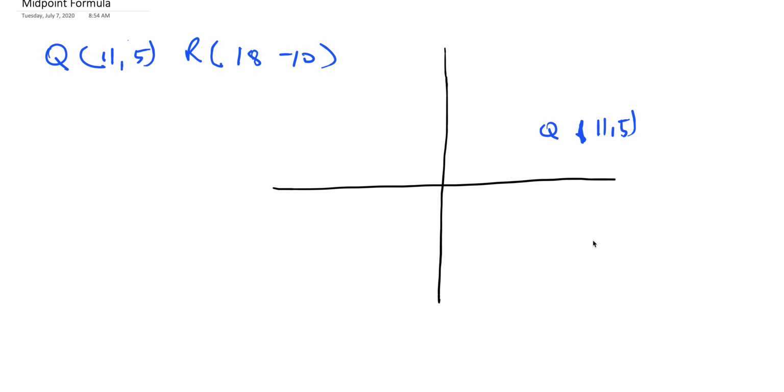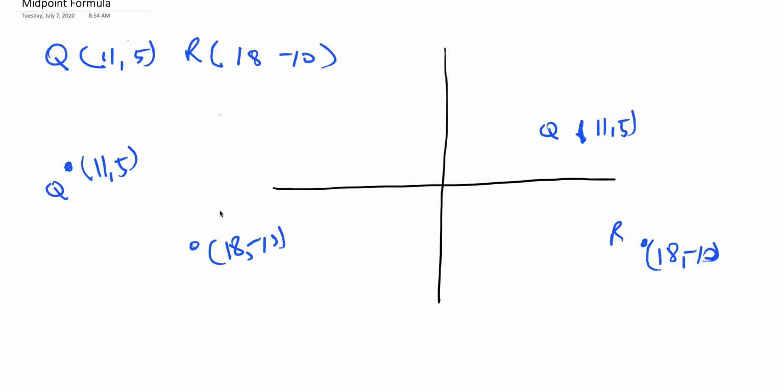So there, R, 18, negative 10. If I was taking a test, I would literally just go, you probably could just do it from here, but you could just go like Q is 11, 5, and R, wherever, R is 18, negative 10. Just put them wherever, they don't have to be exact.